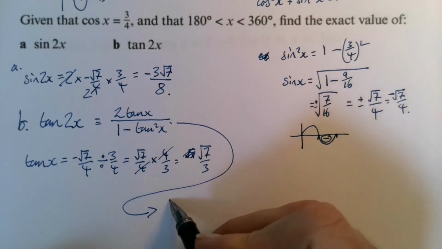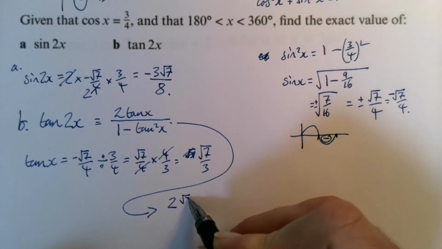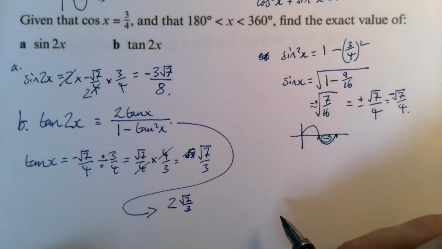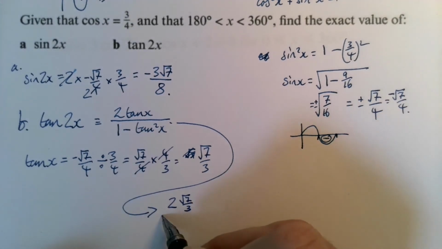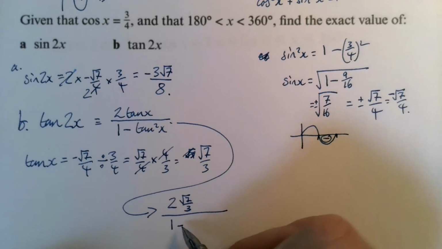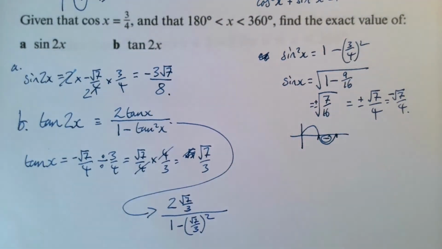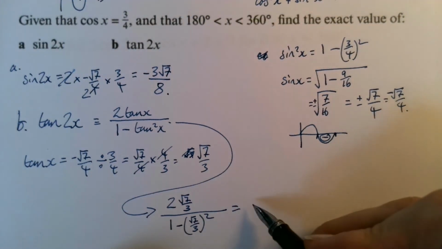We now need to plug that into here. And we're going to get 2 √7/3 all over 1 take √7/3 squared, and you can pump that into the calculator, or we may as well keep going, mightn't we?